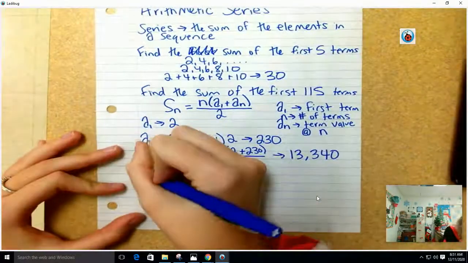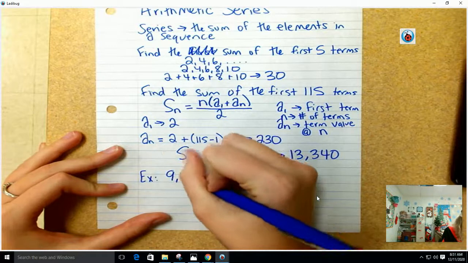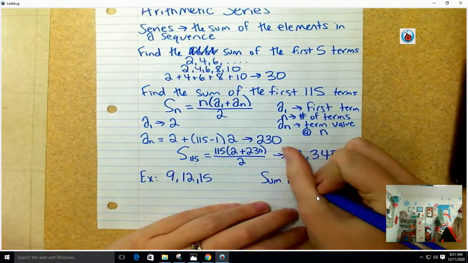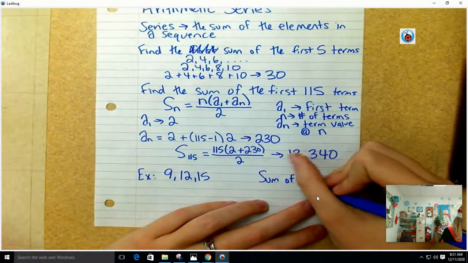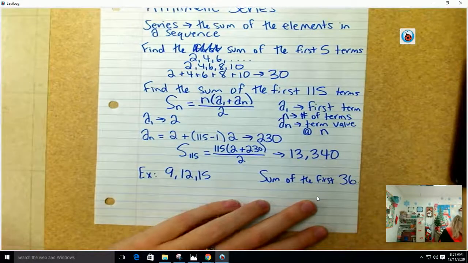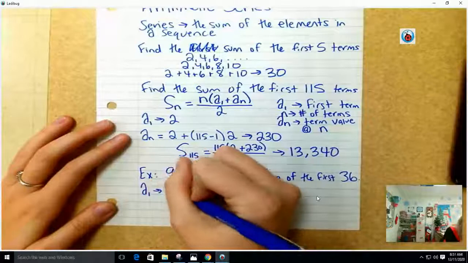All right, the same thing here. Another example. If we had the sequence 9, 12, 15, and we wanted to find the sum of the first 36 terms, we would do the same thing. So we have our A1. Our A1 is 9.